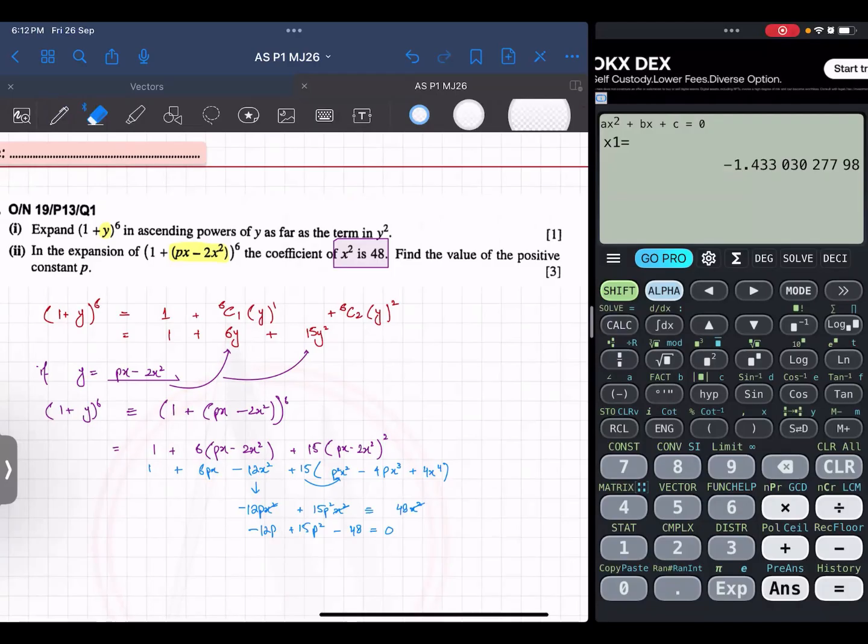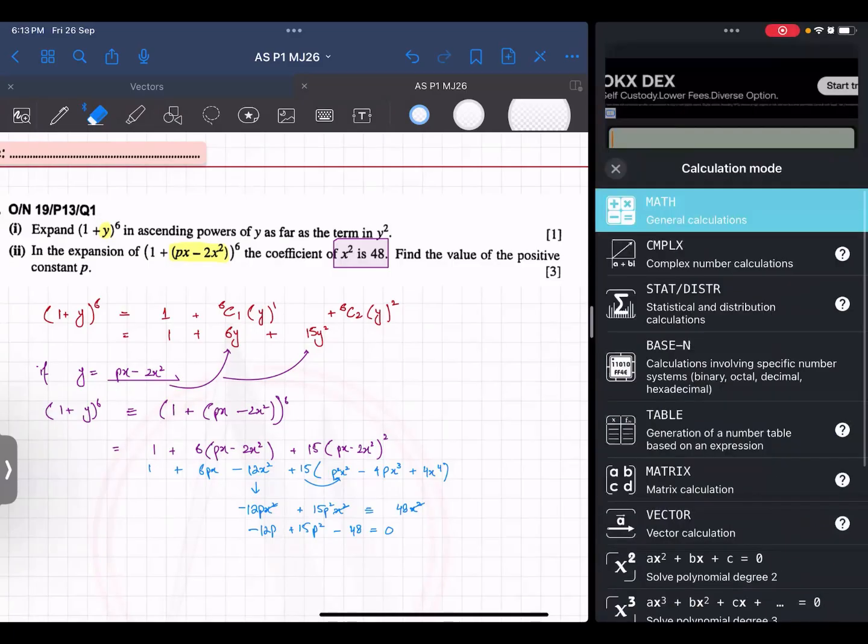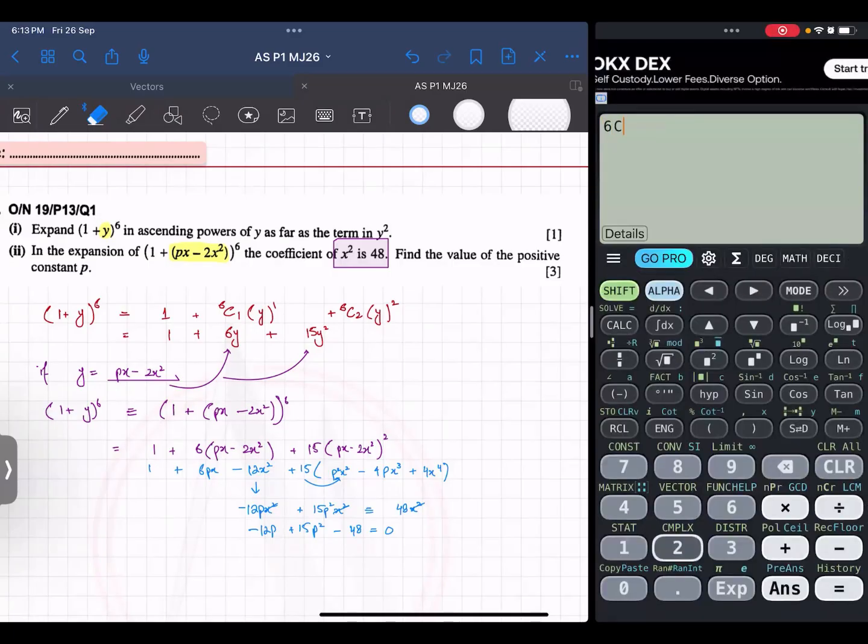Abhiyan, Munib. 6C2, what is 6C2? 15. 15y square.